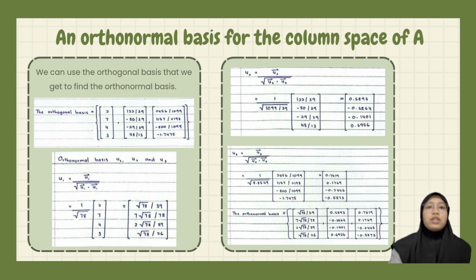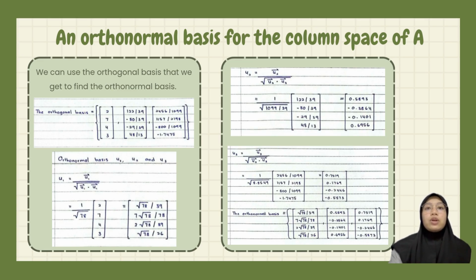Based on my handwritten solutions, the orthogonal basis vectors u1, u2, and u3 have already been obtained. Therefore, my task at this stage is not to find the orthogonal basis again, but to convert these orthogonal vectors into an orthonormal basis.